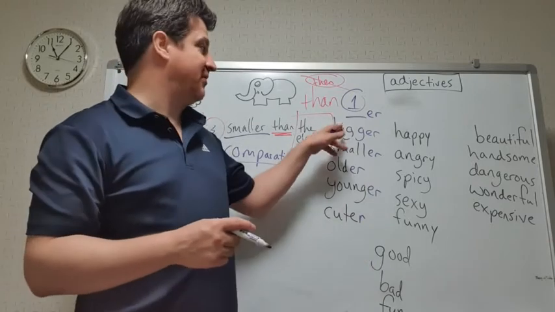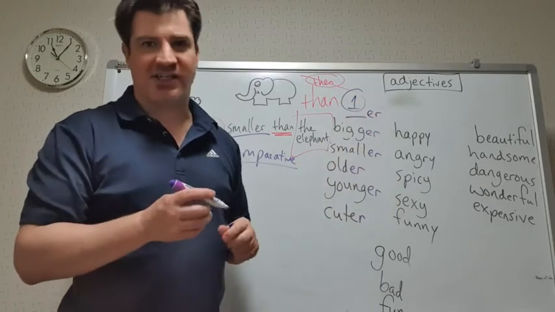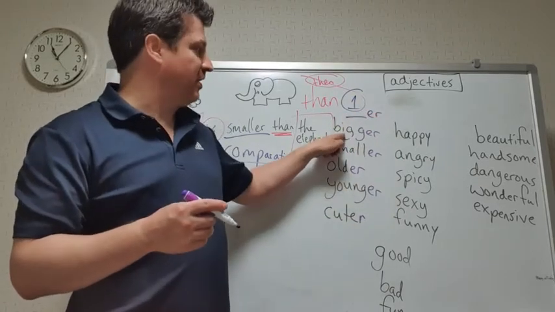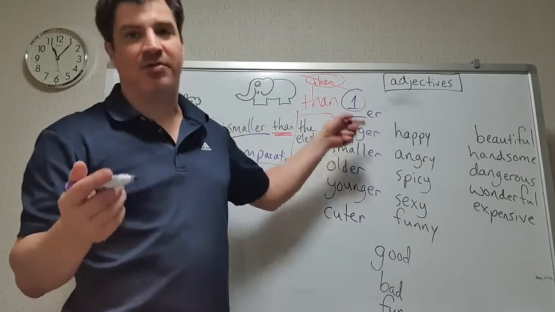So instead of it being bigger, it would become biger, which is not what you want to say. So if it is one vowel, one consonant, you need to double the consonant.